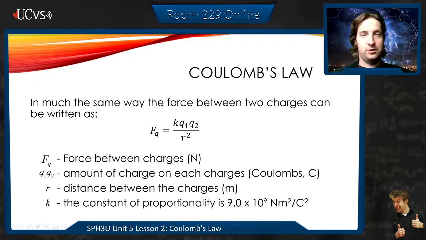So we multiply the two charges in the numerator and divide by r squared. So it's an inverse square. And then to make everything equal, we need a constant, which here is 9 times 10 to the 9 newton meters squared per coulomb squared.